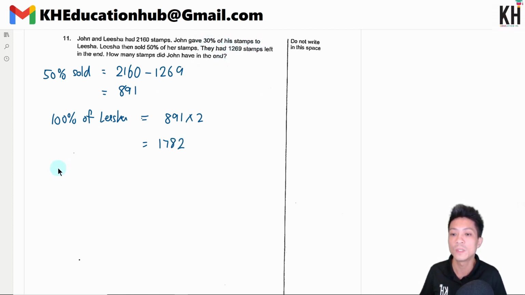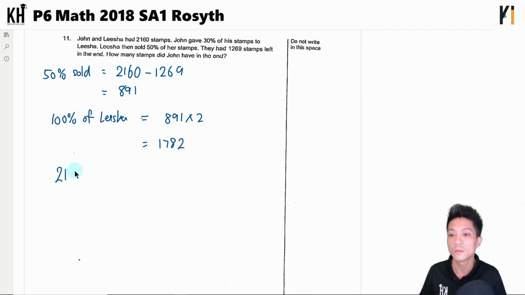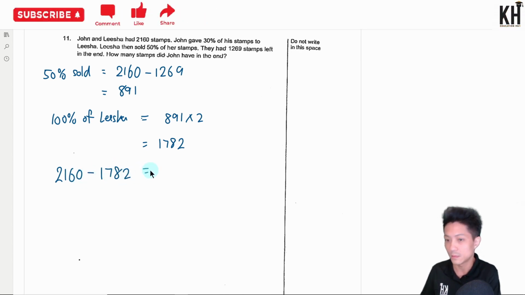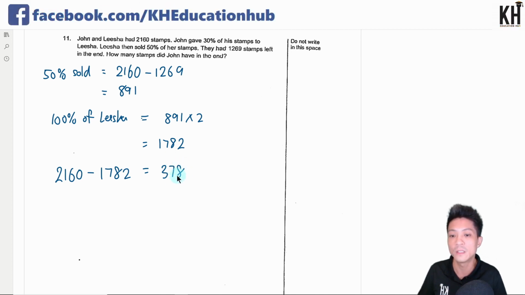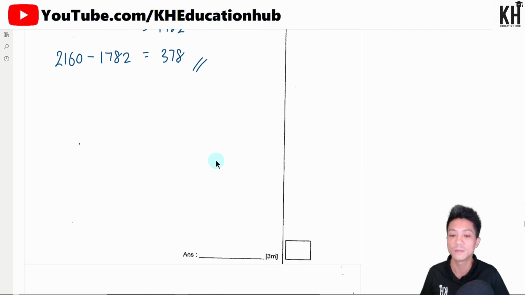That means to find how many stamps John had in the end, I'm going to use 2,160 minus this 1,782. That is 378. So this will be the answer for question 11.